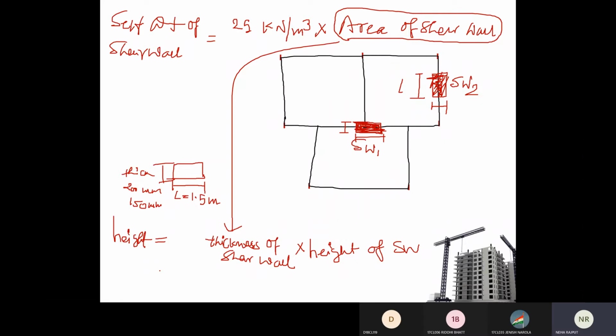So for each floor, for however many walls are available, the height will remain the same.